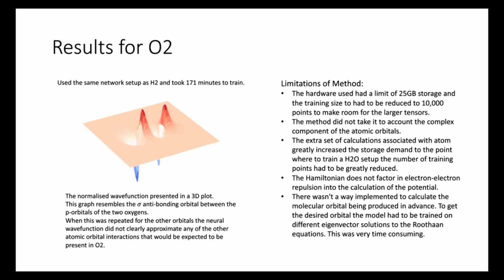The extra set of polar coordinates took up much more space, and the only way to reduce the size was to reduce the number of training points being used, and this only made the results more inaccurate. There was also no way to select the molecular orbital being calculated in advance, which means it had to go through the whole training process without knowing what the resulting molecular orbital was going to be in the end.